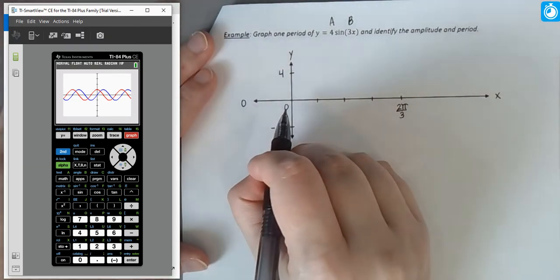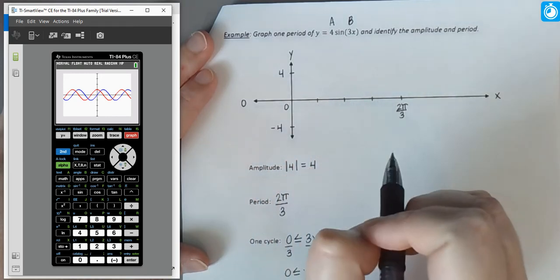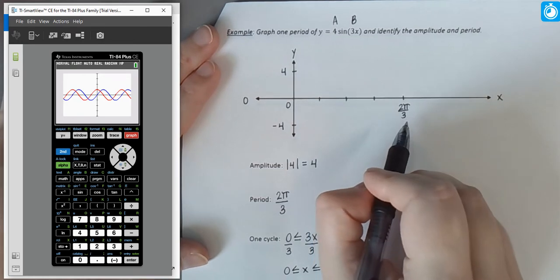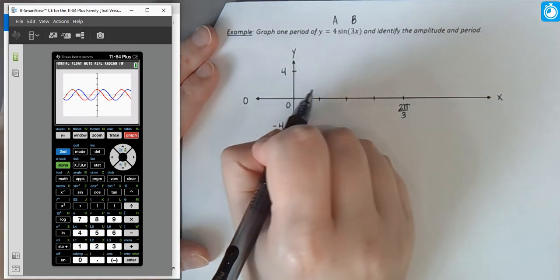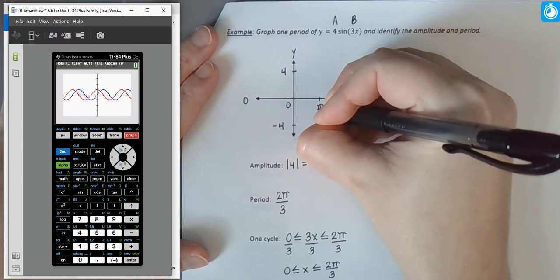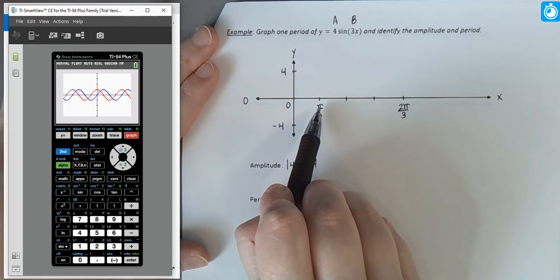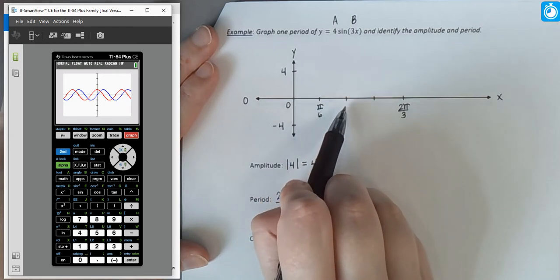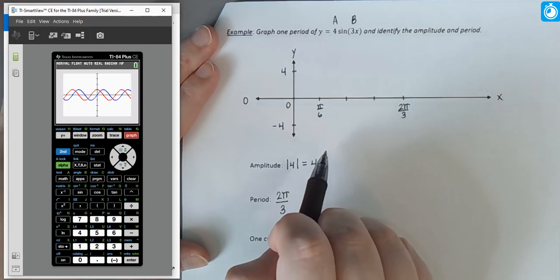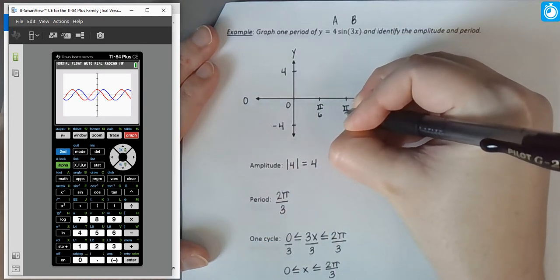So let's see if we can label just knowing that. We start at 0 and we're counting by pi over 6 in order to get from the start of our cycle to the end of our cycle. So 0, and then we move by pi over 6, so that's going to take us to pi over 6. Okay, so 0 to pi over 6. Now we add on an additional pi over 6, which will take us to 2 pi over 6, otherwise known as pi over 3.